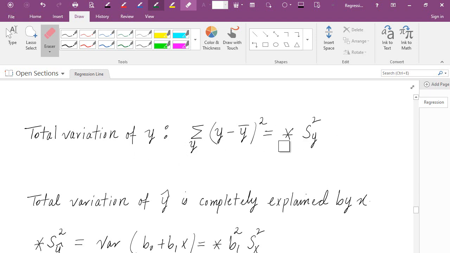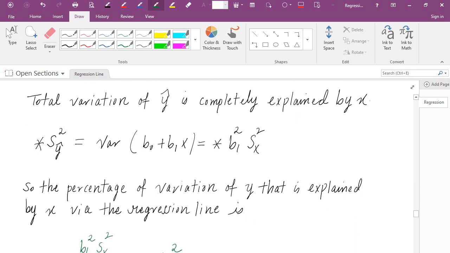In our case, we took 4 data points, so we started with 4. So the size of the data times the variance of y is equal to the total variation of y.